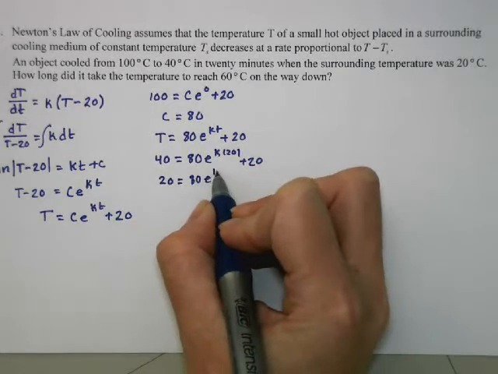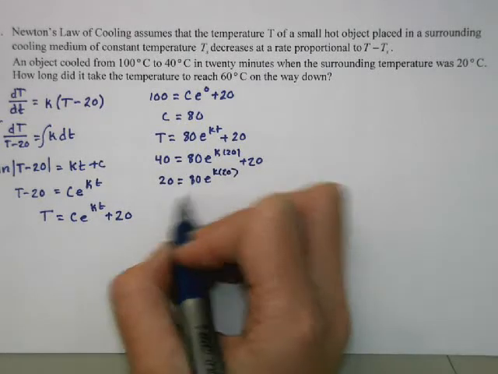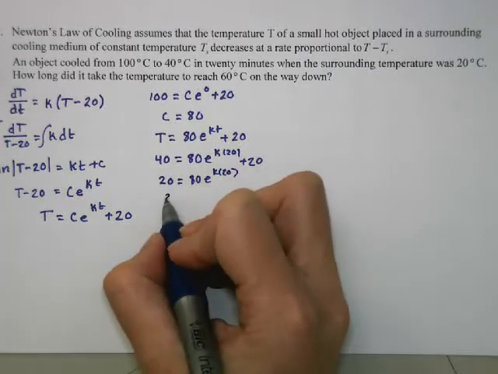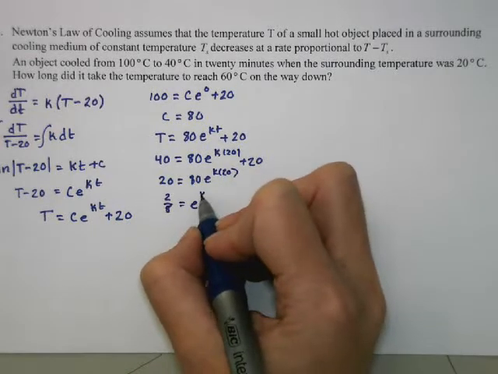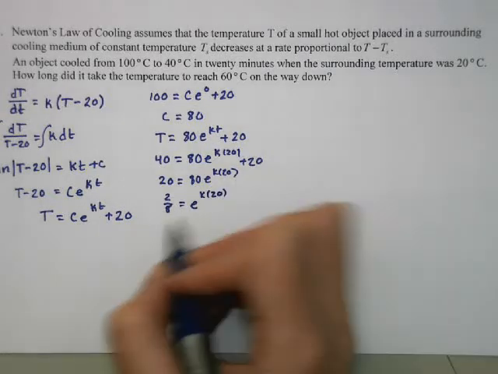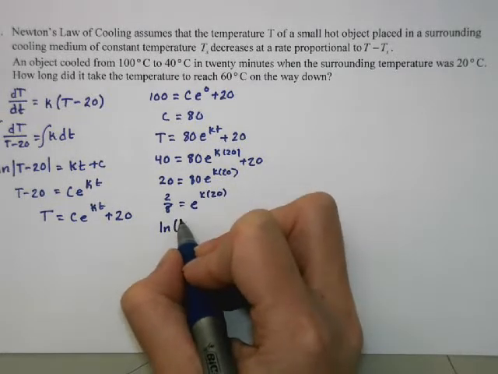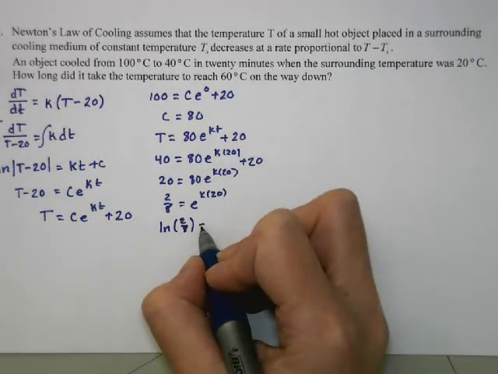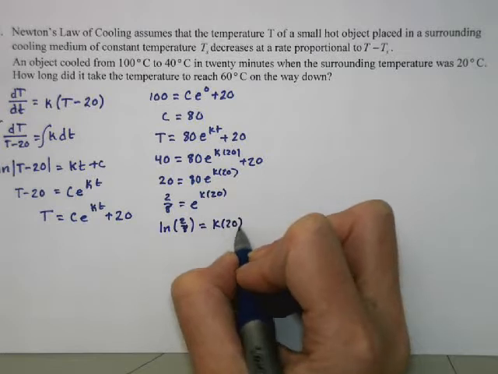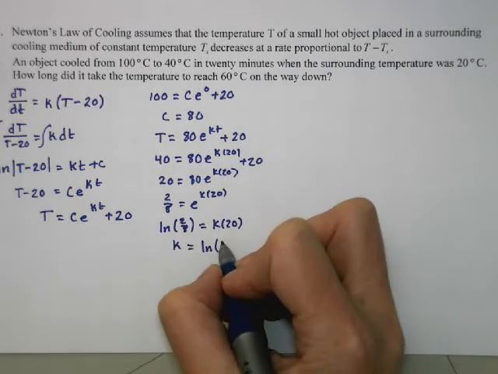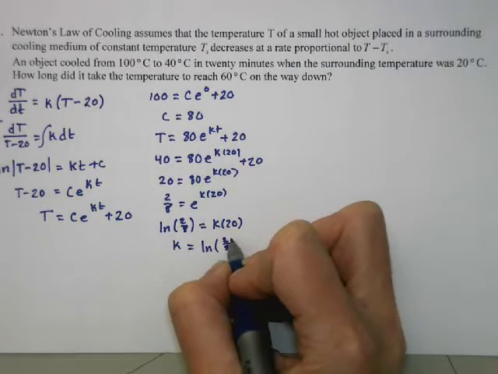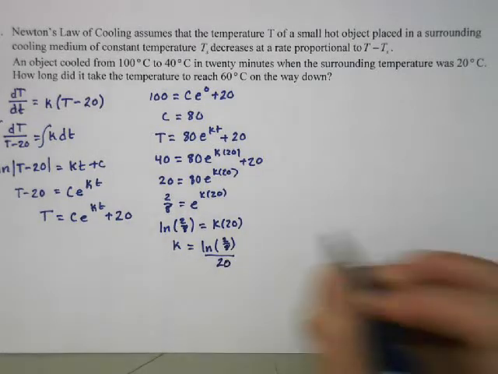Divide by 80, which is going to give me 20 over 80, or 1/4 if you want to reduce it. And we're going to take the natural log and then divide. So K is the natural log of 20 over 80, over 20. Now we have our K.